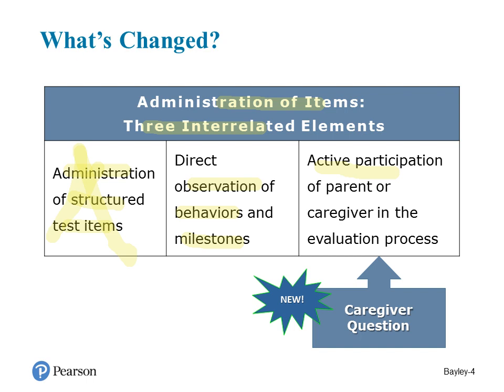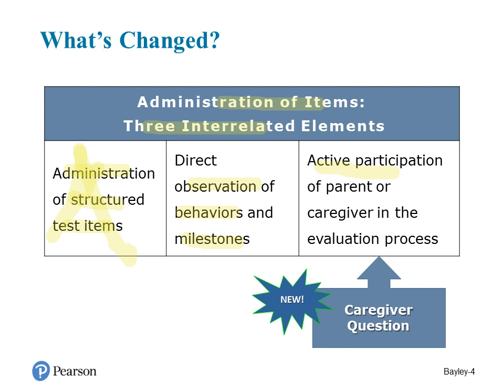Now, why is it important to have the caregiver actively participate? Well, again, it's because, like I mentioned, young children do not necessarily respond on command. In fact, sometimes they actively refuse certain items that we present. And then there are some behaviors that we evaluate that are more likely to be observed in the home environment.